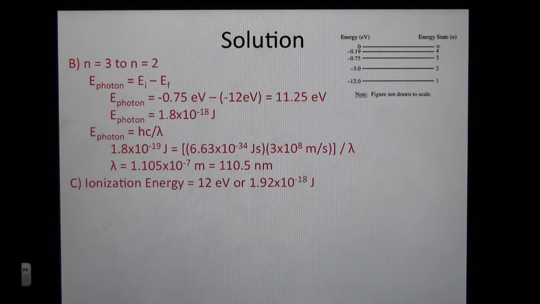Part C asks us to determine the ionization energy, which is the energy required to kick an electron completely out of the atom, where the energy level is equal to infinity.